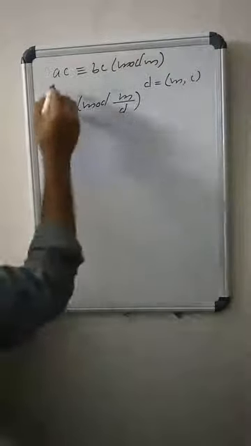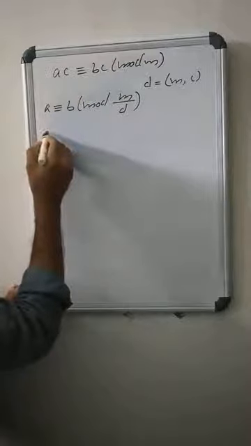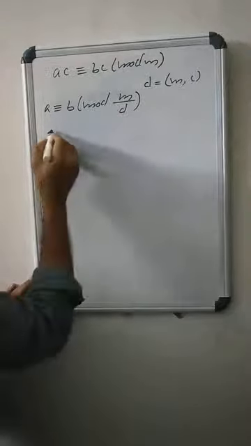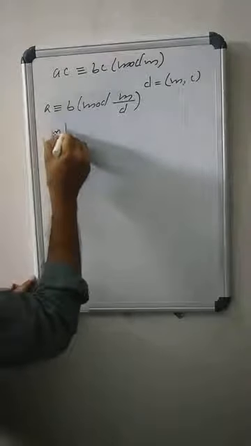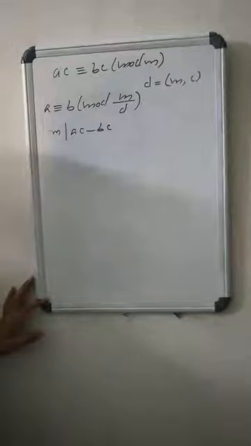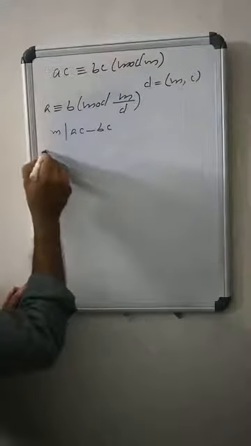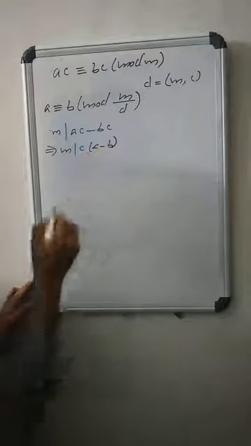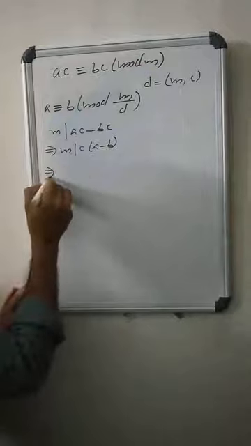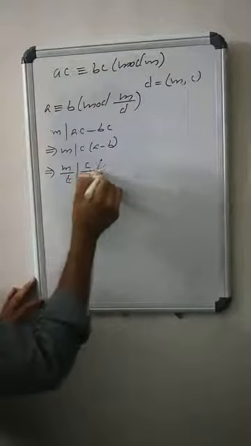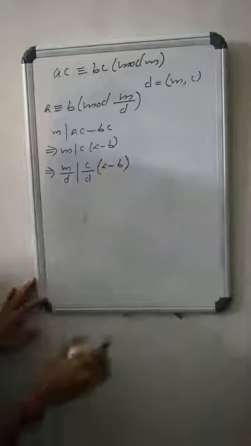So how? Here AC is congruent to BC mod M, which means M divides AC minus BC. So M divides C times A minus B. Clearly, that means M by D divides C by D times A minus B. But what is D?